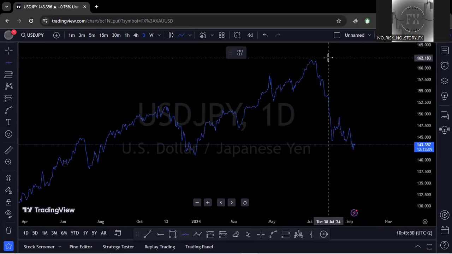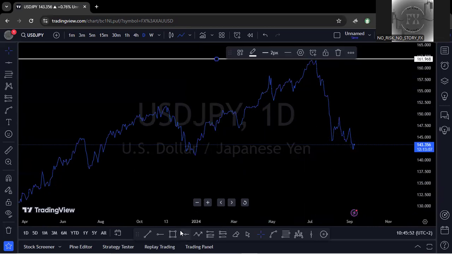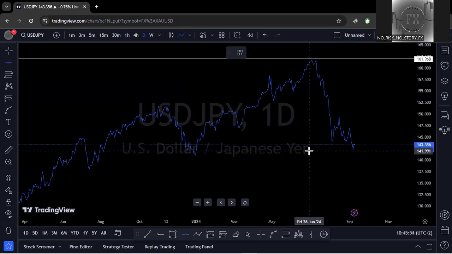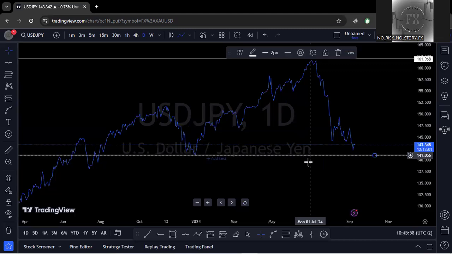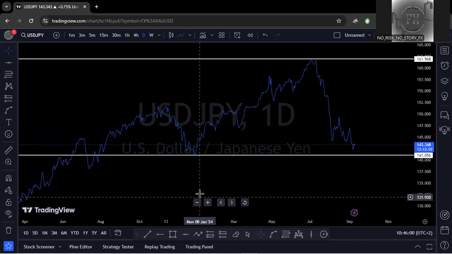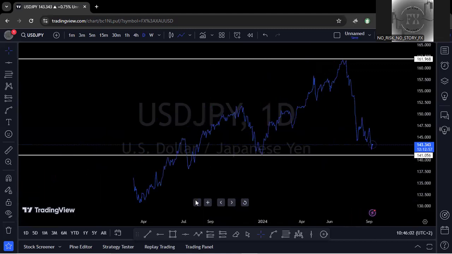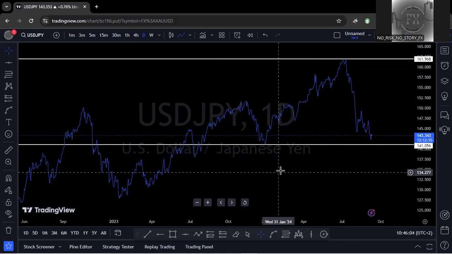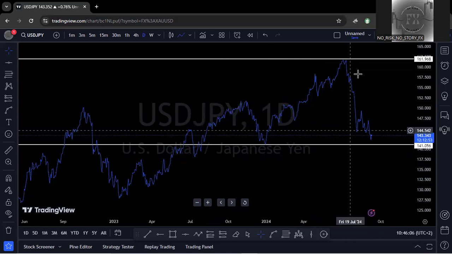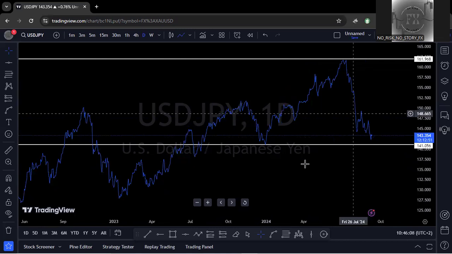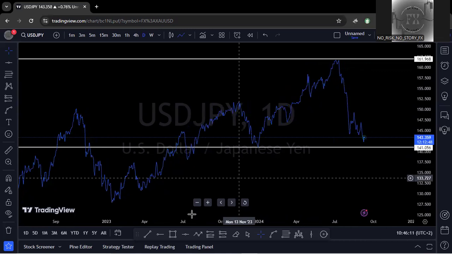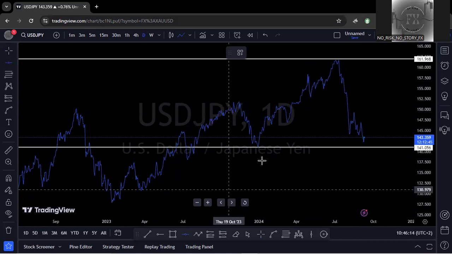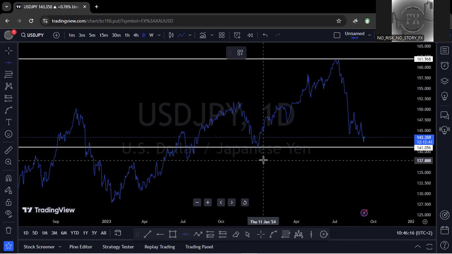Okay, my highest point is this one, and my lowest point, I think I would like to cater for this one here, because we are trading in this range. But I would also like to highlight this area here, because there's a lot of sensitivity around this zone.